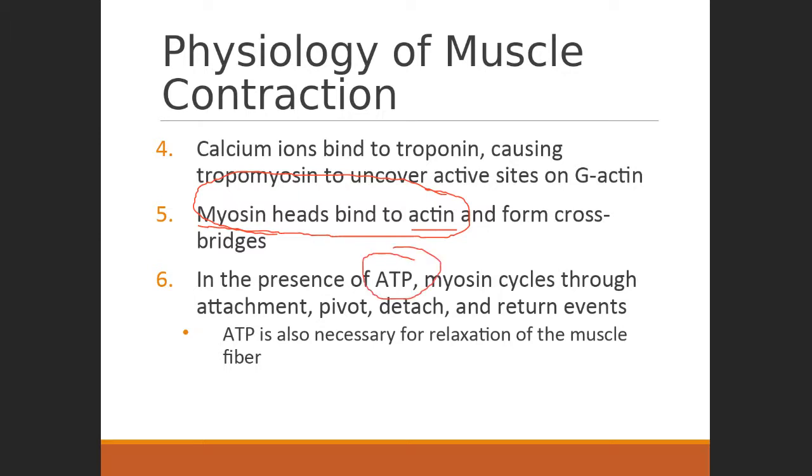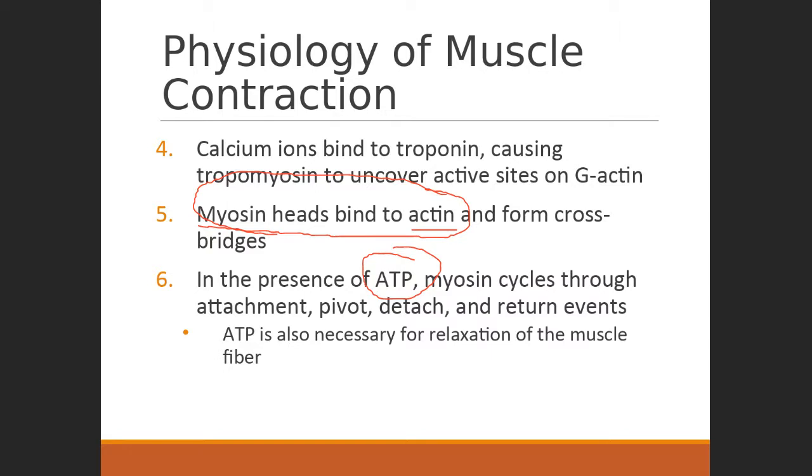And as we go through the process of breaking down ATP into its constituent parts, now we can see this cyclic series of activities where the myosin will attach to the actin, it will pull on the actin, it will detach, it will move to the next binding site on the actin, reattach, and pull again. And it will pull, relax, reach, pull, relax, reach.